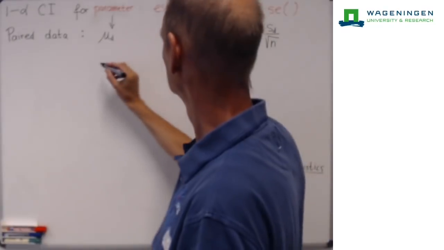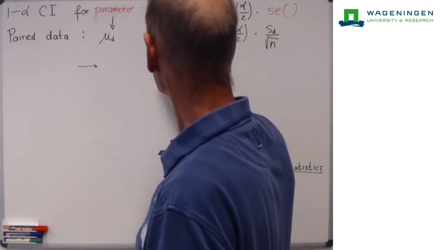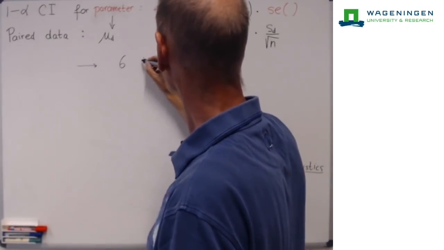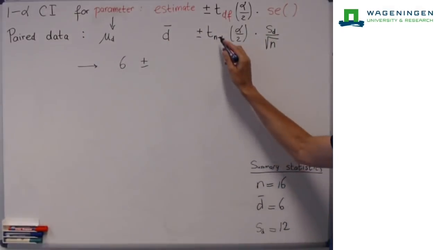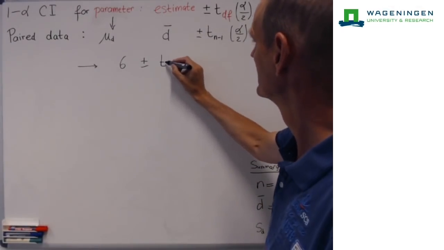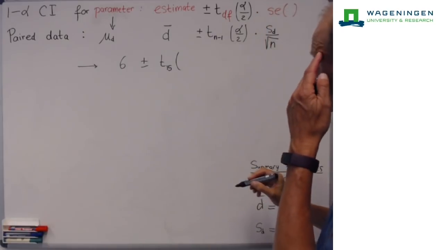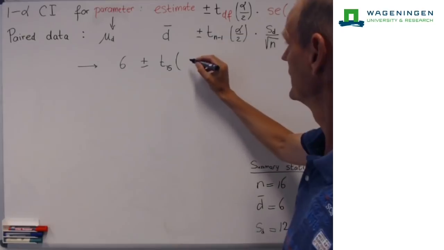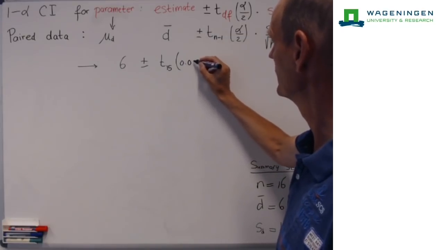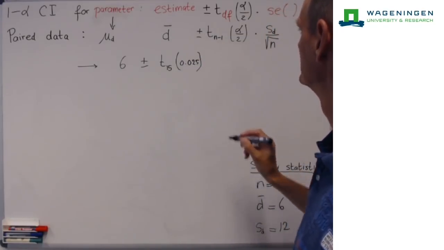So we get 6 plus minus a t with 15 degrees of freedom. And since we wanted a 95% confidence interval, alpha divided by 2 is 0.025.